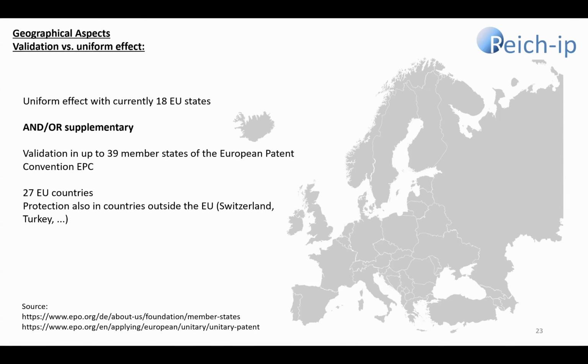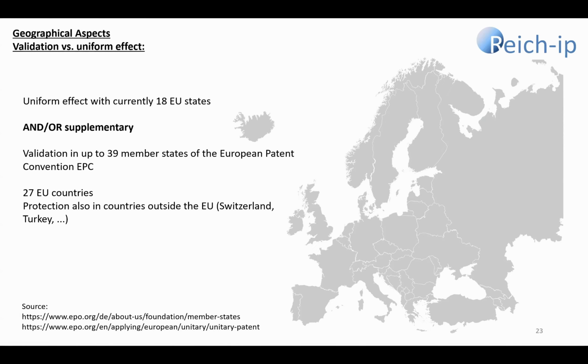And or, this is interesting, and or you can validate up to 39 member states of the European Patent Convention. So with this option you can pick single countries. For instance, you can pick Germany, France, UK.